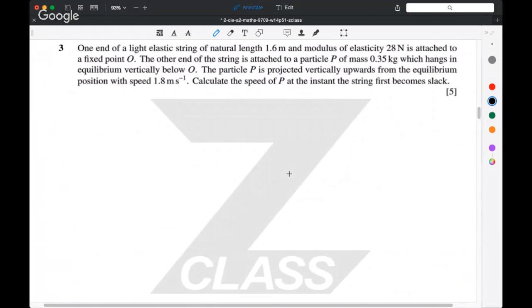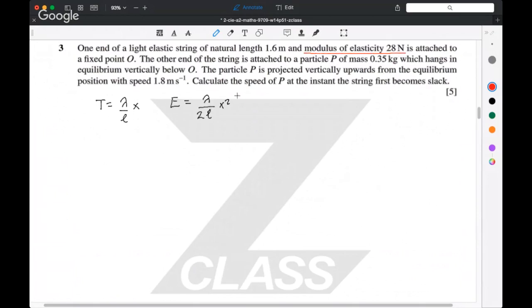So now we've got basically a rotation, a string elasticity question. So the key equations for these are T is equal to lambda over L x, and E is equal to lambda over 2L x squared, where lambda is the modulus of elasticity, which is this 28 newtons.